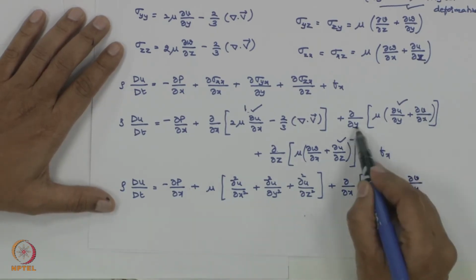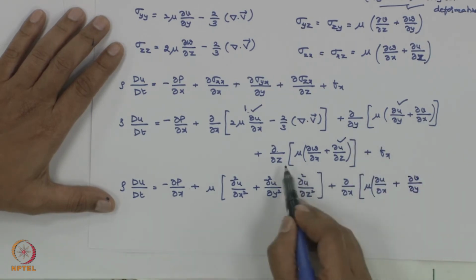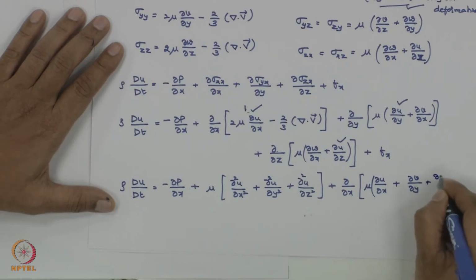I have just interchanged this x and y. Similarly, I will interchange this z and x, so I get del w by del z.